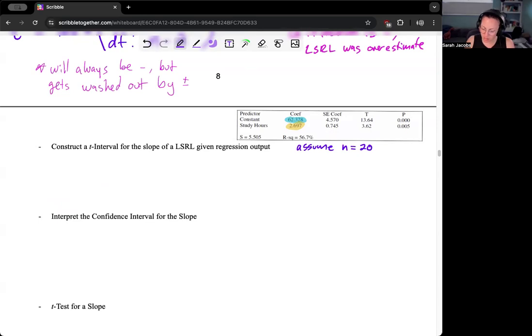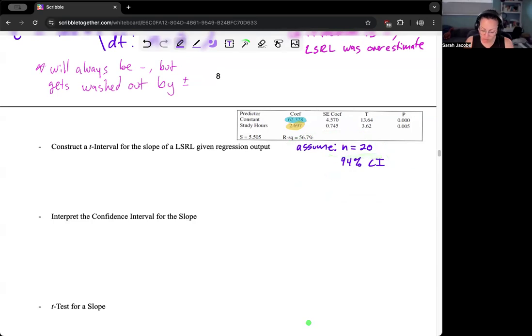And let's just assume also that we want a 94% confidence interval. Everything in that purple right there, I'm completely making up out of thin air. It's just so that we can move forward. In any question, you're going to have that information. So make sure you know what the sample size is and what the confidence level is.